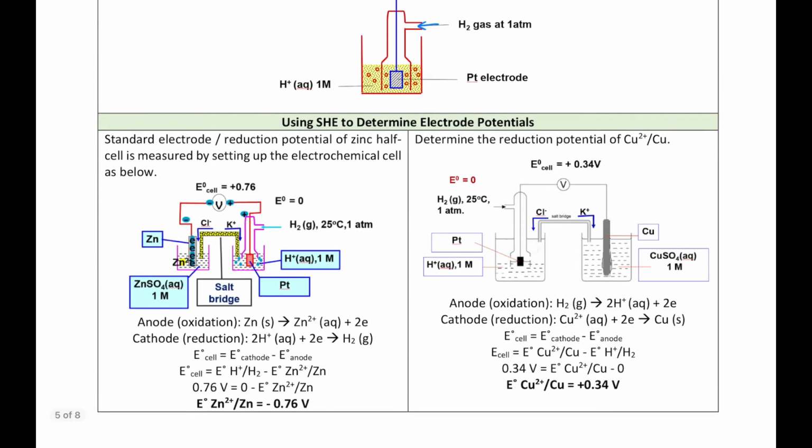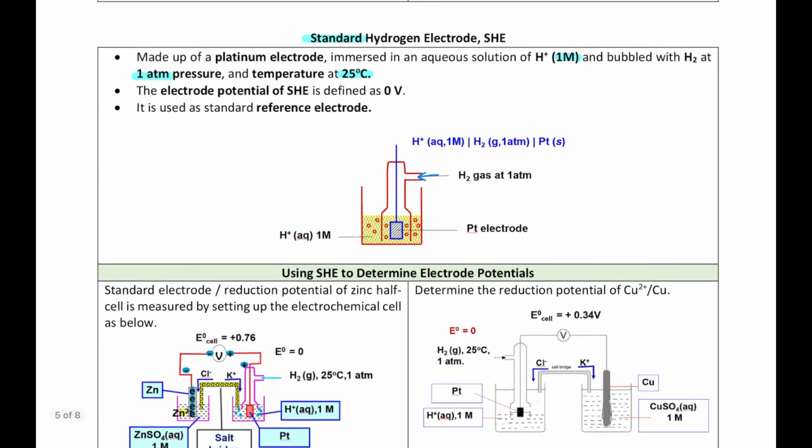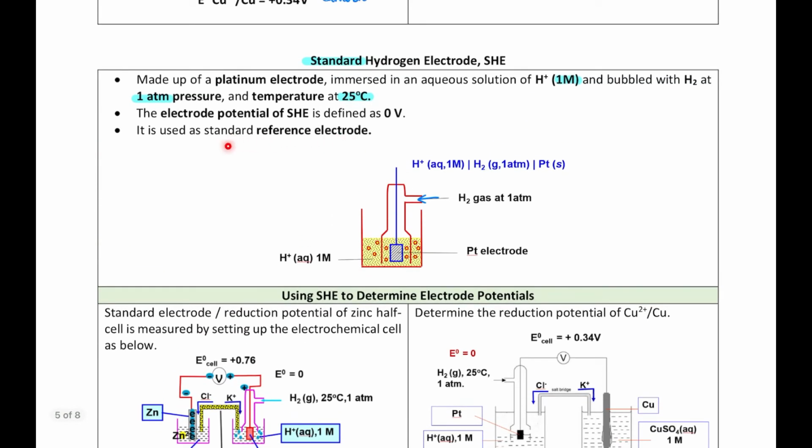So if you letak SHE dekat sebelah, okay, and you letak another electrode yang kamu nak measure dia punya value E naught dekat sebelah, then your voltmeter reading ni kamu akan dapat. Lepas tu nanti kamu tahu dah your SHE tu 0, so kamu tolak, then you will get, tolak atau ikutlah, susun balik, and then you will get electrode yang satu lagi yang kamu nak cari tu. Okay, so that's why SHE is important. Okay, so kena ingat peranan dia.